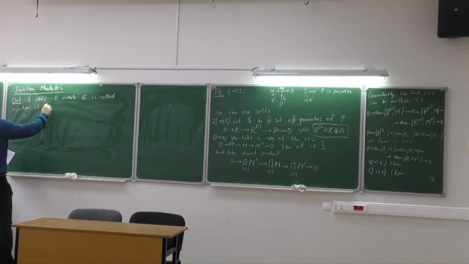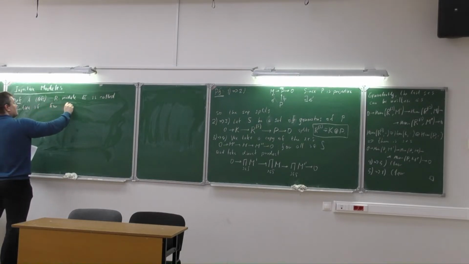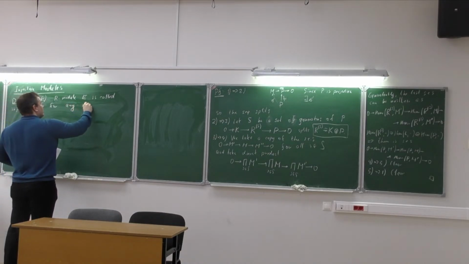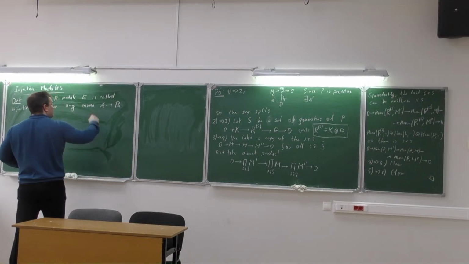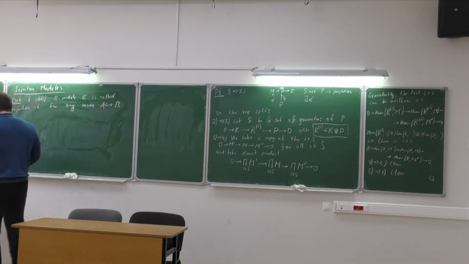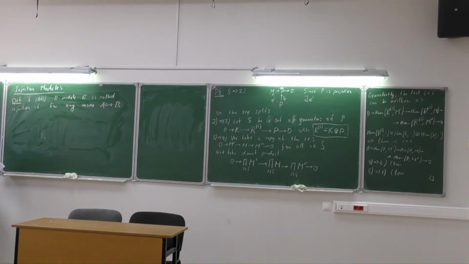So if for any monomorphism, so let's call this A and B, so this is a monomorphism of modules. Maybe I just draw the diagram. So I have a monomorphism, A is a submodule in B, and I have a map from A to this module E, which I want to call injective.